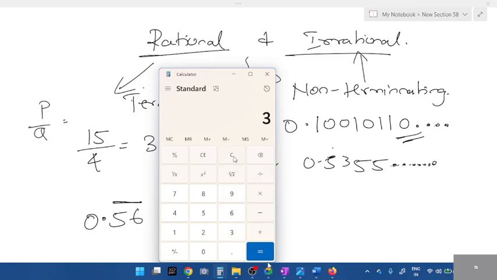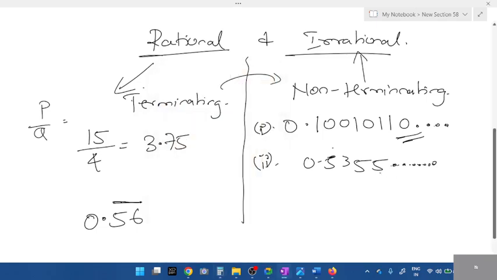Let me take 13 divided by 3. Okay, all this. See, the number shouldn't be recurring, but it should be continuous, students. It goes on. This is known as non-terminating irrational numbers, and all the perfect square numbers.